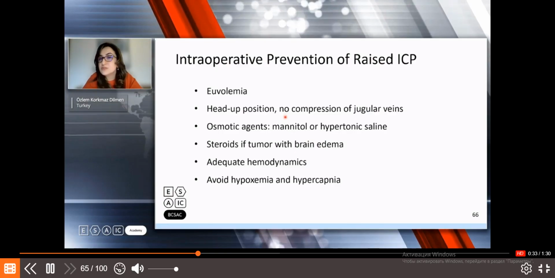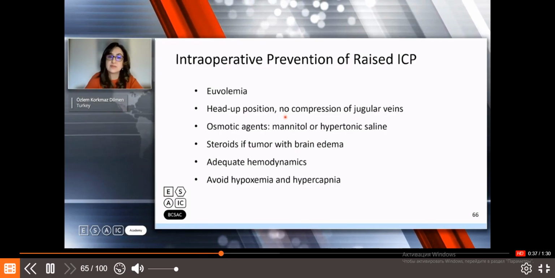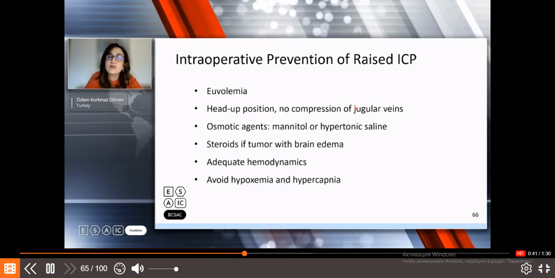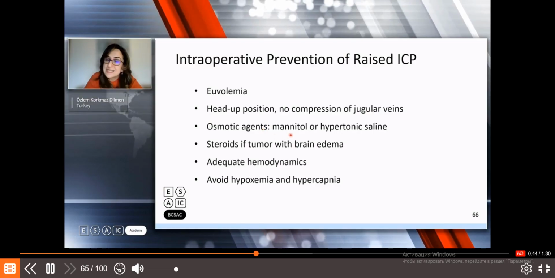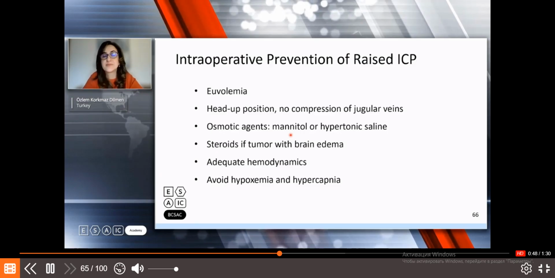Mannitol or hypertonic saline are options, but in my department, we generally prefer hypertonic saline because mannitol administration can cause severe hypovolemia and some cardiac arrhythmias.